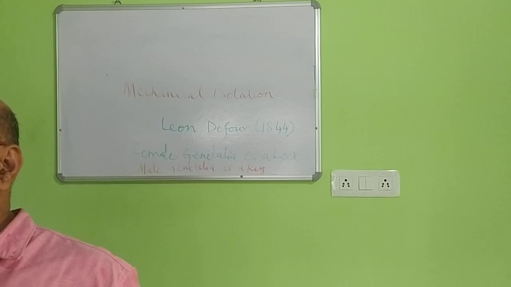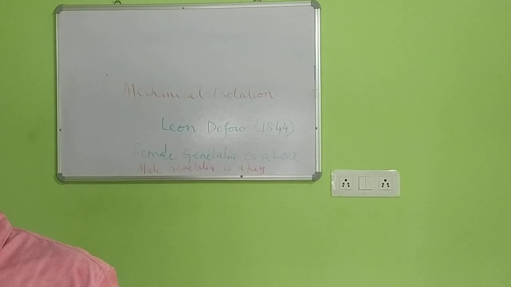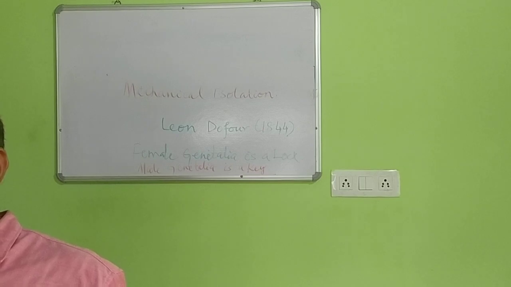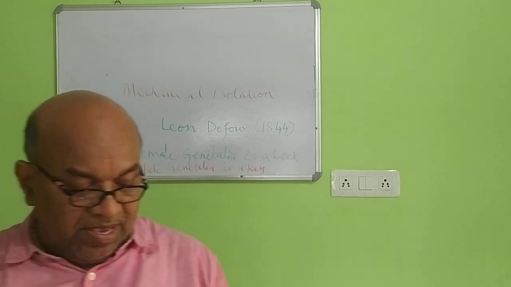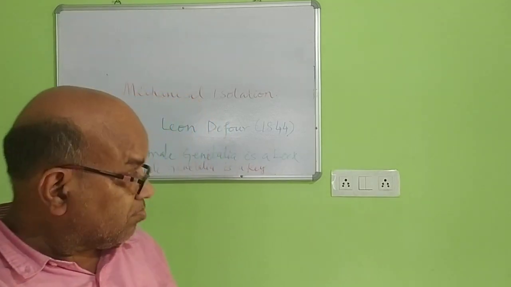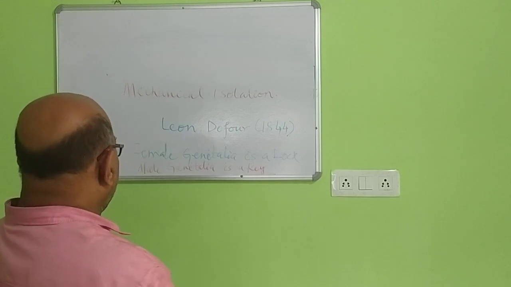So the female genitalia is a lock and the male genitalia is a key, which fits into the lock belonging to the same species, but this also fails in certain cases. For example, in two species of lady beetles, whose generic name is Hippodamia.